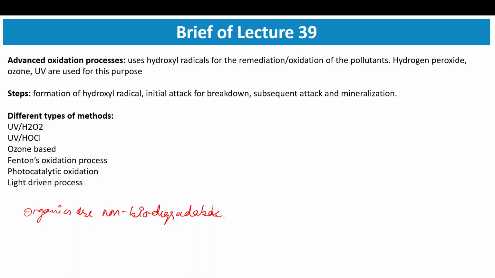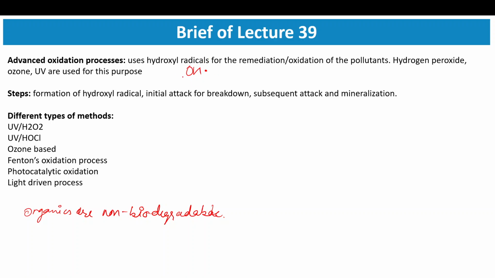So in that case, what you can do is use an advanced oxidation process, where you use some chemicals for the oxidation of these non-biodegradable compounds. Here what you use is hydroxyl radicals. Hydroxyl radical is OH dot, where this dot is the radical.